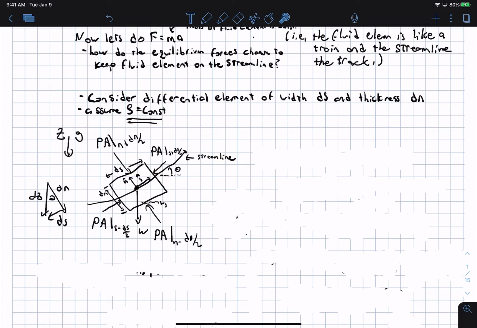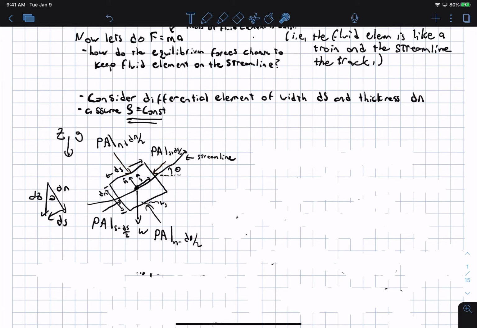In addition to the weight acting down in the direction of gravity, we will have a pressure times an area pushing on this lower side here. We'll have a pressure times an area pushing on this side here, a pressure times an area here, and a pressure times an area here.